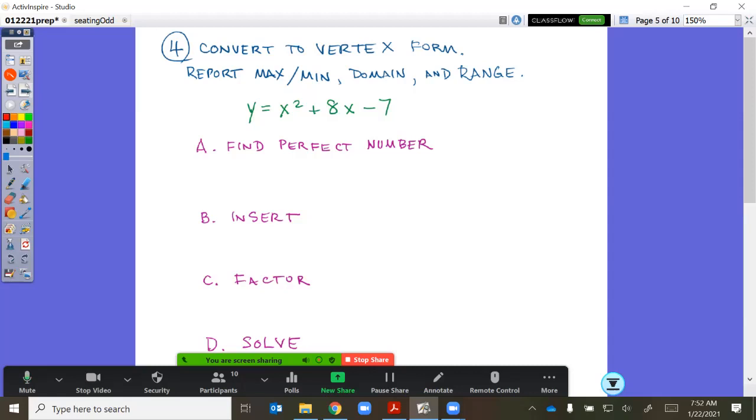So same perfect number formula. Vertex is the APK. Right? Yeah, sure is.